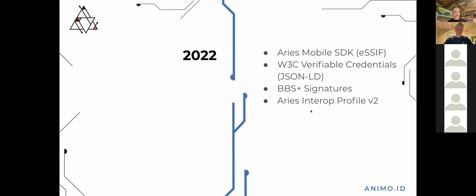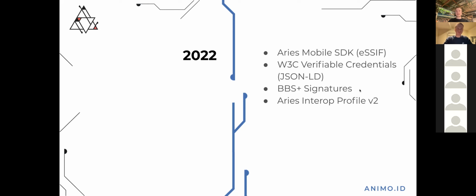Currently, the framework works with Indy credentials. We want to also support W3C credentials to move more towards the standards defined. And with that, we also want to support BBS Plus signatures. Currently, with Indy, we have CL signatures, but BBS Plus signatures we'll be adding over the coming months.